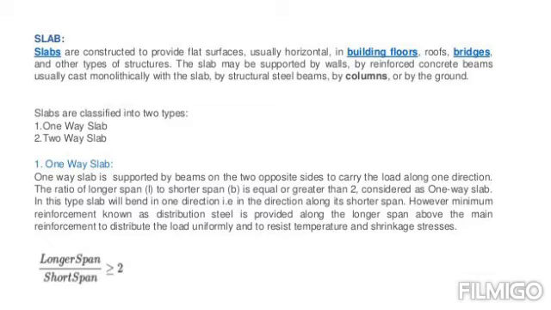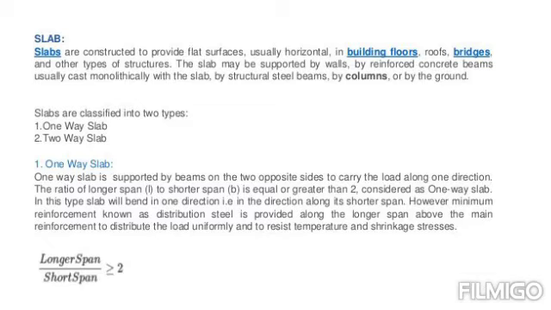One-way slab is supported by beams on the two opposite sides to carry the load along one direction. The ratio of longer span to the shorter span, equal to or greater than 2, is considered as a one-way slab. In this type of slab, it will bend in one direction, that is in the direction along its shorter span.